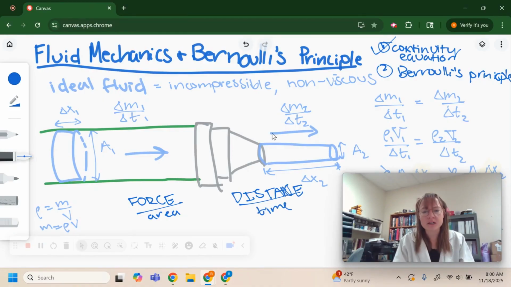If the water coming out here of this nozzle experienced both more speed, because we know it's coming out faster, continuity equation, if it experienced both more speed and more pressure, then it would have to experience more distance per time and also more force.